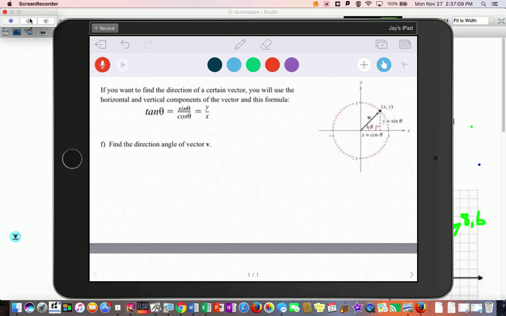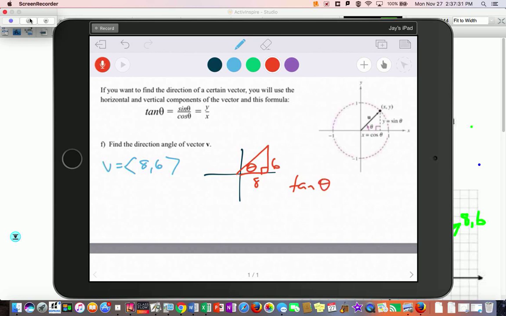So remember our vector is 8, 6, and so I think it's best to always draw the diagram, and we're going to the right 8, up 6, so to the right 8, up 6, kind of the same triangle that we've been doing all along. And if we want to find theta, the easiest is to just do the tangent.